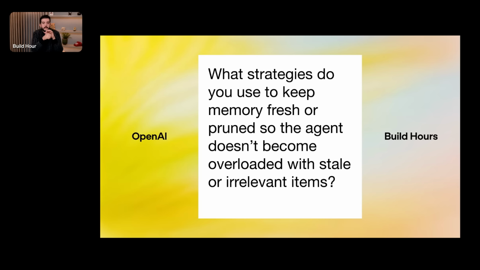First is keeping temporal tags. Okay, I learned this memory from the user, but I learned it maybe 2 months ago. If you keep track of these timestamps or temporal tags, the model will understand what is old and what is new.